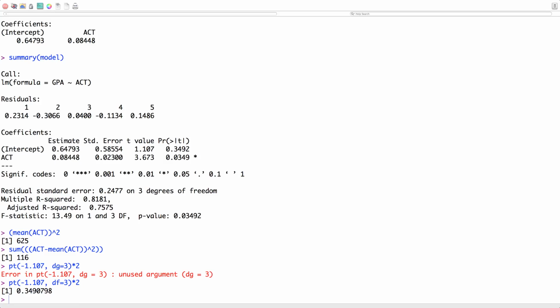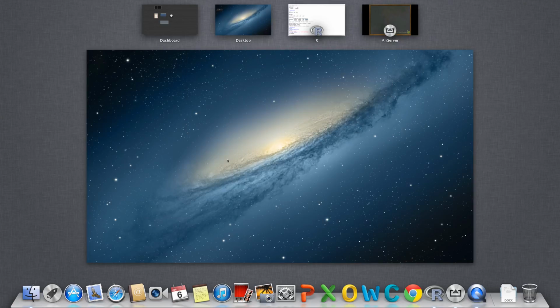So we get 0.349. So again, appreciating rounding error, we can see that we get the same p-value. So in this case, our test of B0 is not statistically significant.